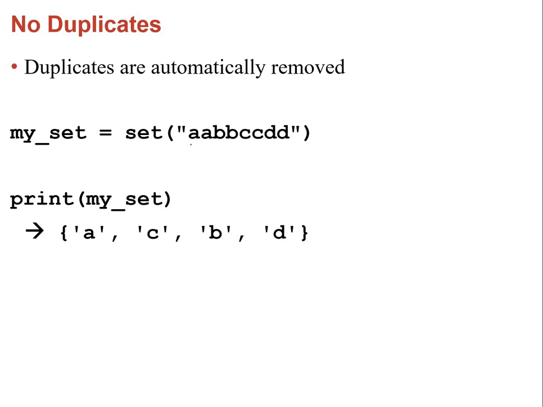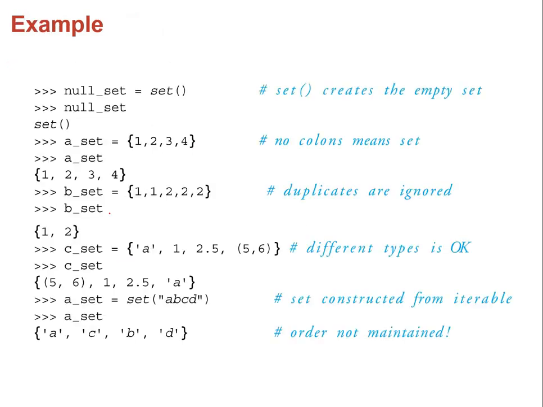If you define your set this way with repetition, Python is going to get rid of the repetition, and you'll see that it becomes this without any repetition. Now, the null set is also there in Python. If you just define a set with empty parentheses, you get a null set or an empty set.